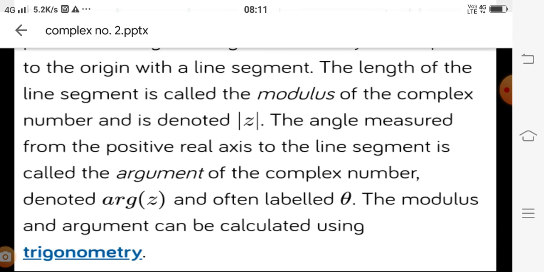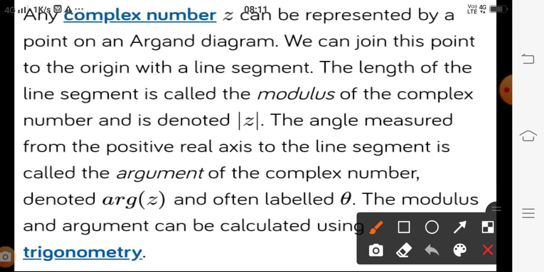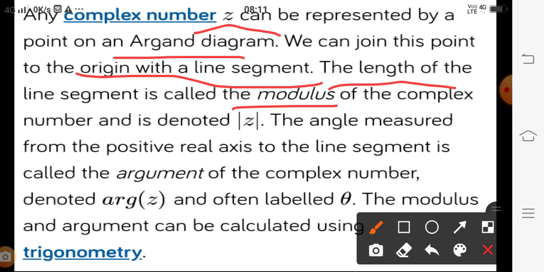Now let us discuss: if we have any complex number z and we represent z on the Argand plane, then we can join this point to the origin with a line segment. The length we get, we call the modulus of the complex number, the distance of the given point from the origin.